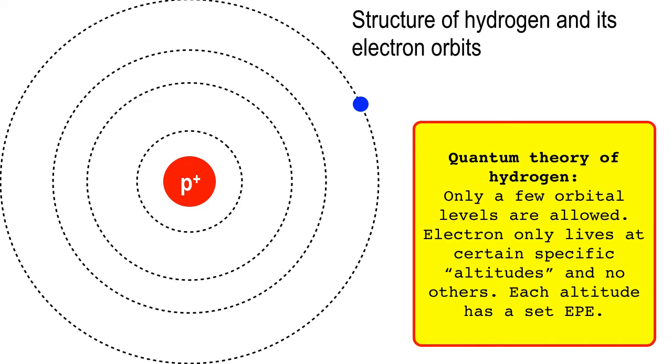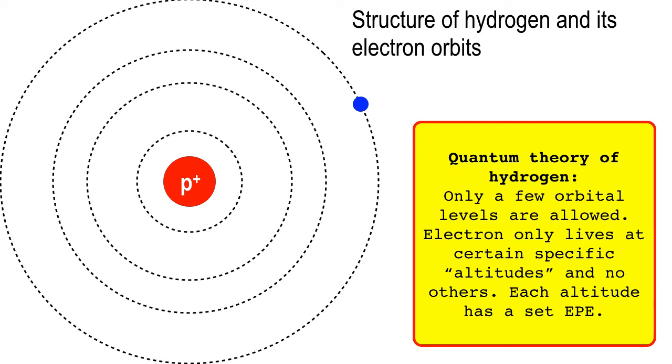Now, what we're going to try to understand here is this: when they looked at the Balmer series, they knew that if the electron drops down closer to the nucleus, it'll lose energy, and it'll be accelerating, and that'll radiate light. You know, accelerating charge is the source of the electromagnetic field.